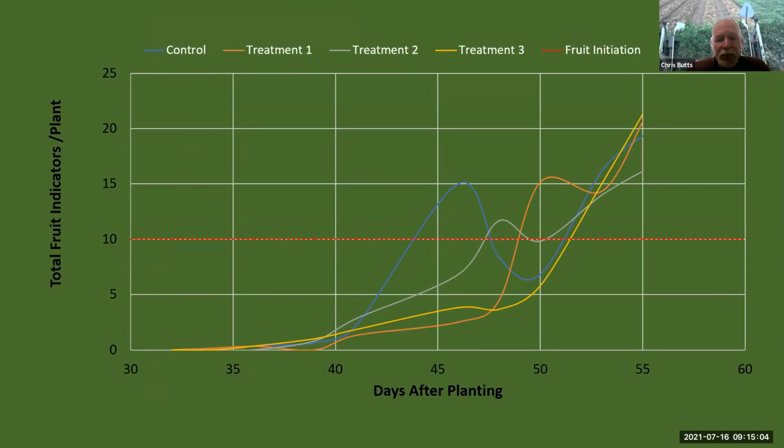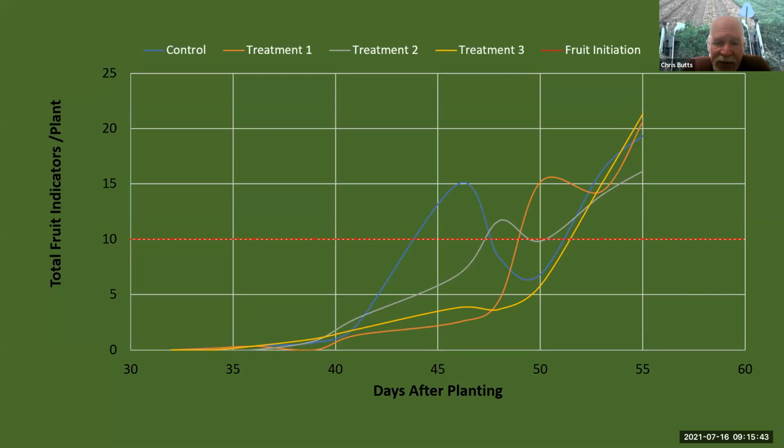Here's a graph of what we saw in terms of total fruit indicators per plant. And you can see, in response to some of the watering activity, that we would get a peak of fruit indicators, venturing into getting fruit initiation. For instance, in the control, we crossed 10 fruit indicators per plant somewhere around 43 days.